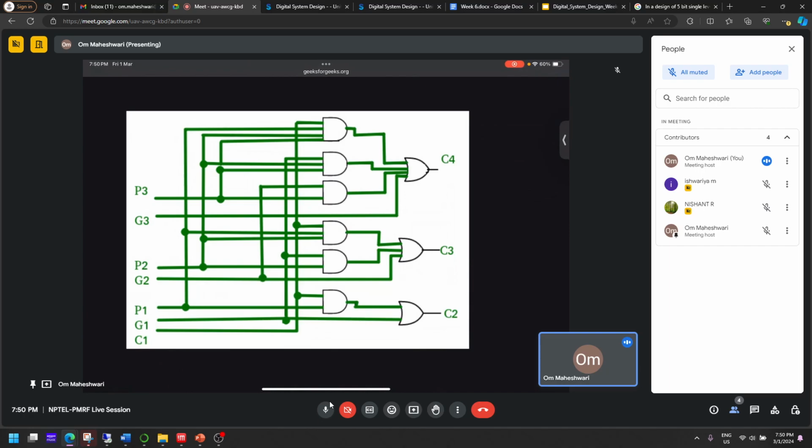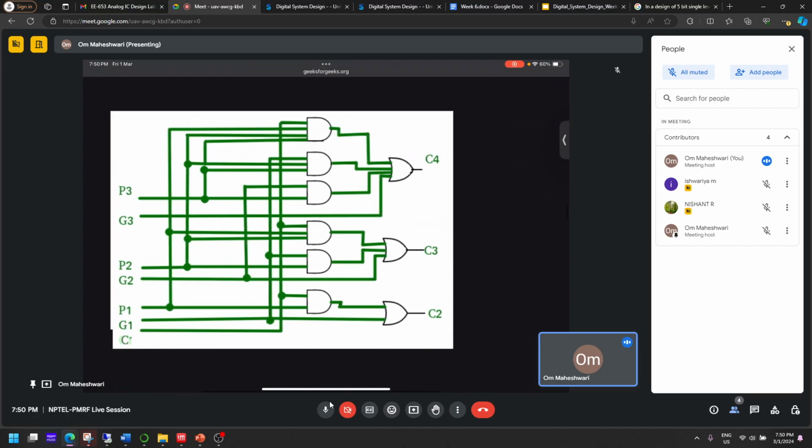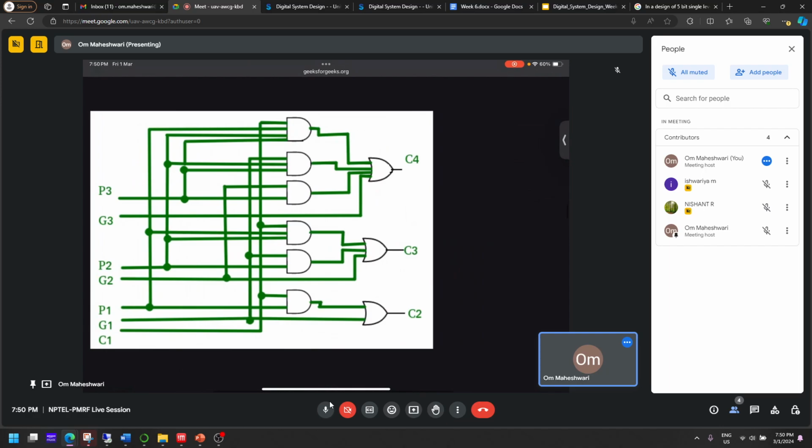So for 4-stage you require a maximum of, this top OR gate is giving C4, has 4 inputs, so it has a fan-in of 4, the maximum fan-in, that is depending on the number of stages. So for 4-stage you will have a fan-in of 4.